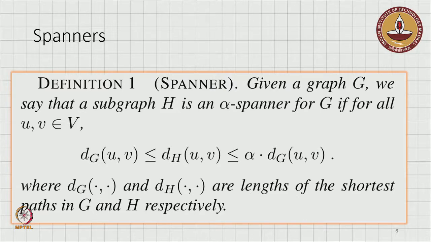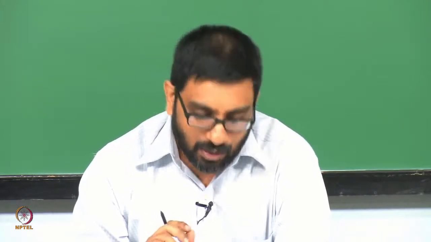So the original graph could be a much more complicated graph, and what we want is a sparser graph H, and typically a subgraph H. And the distances in the subgraph H should be an approximation of the distances in the original graph.